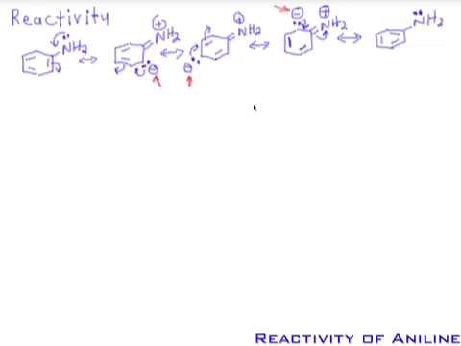This increased negative charge on the ring attracts electrophiles faster. It causes this substituted benzene to react faster than free benzene. It is an activator, an activated ring, because of increased negative charge by resonance.